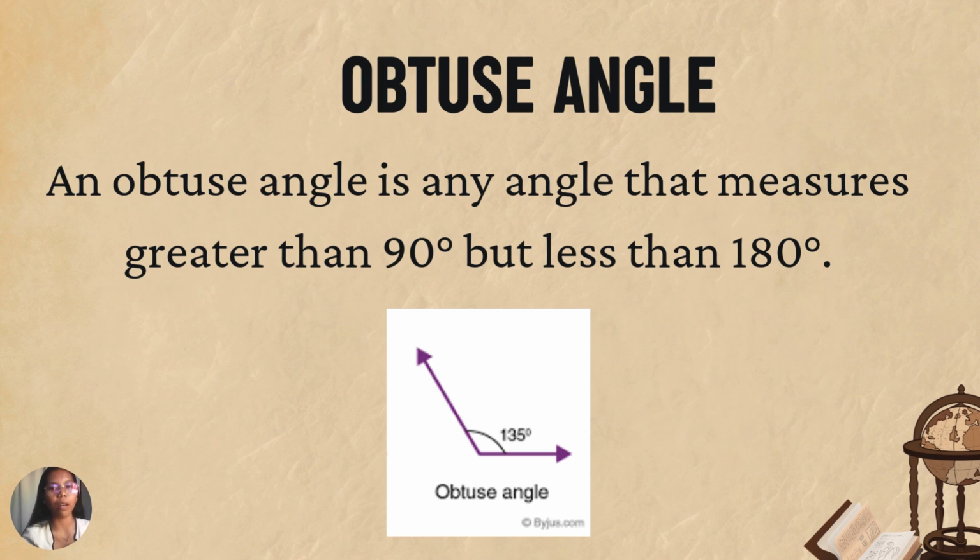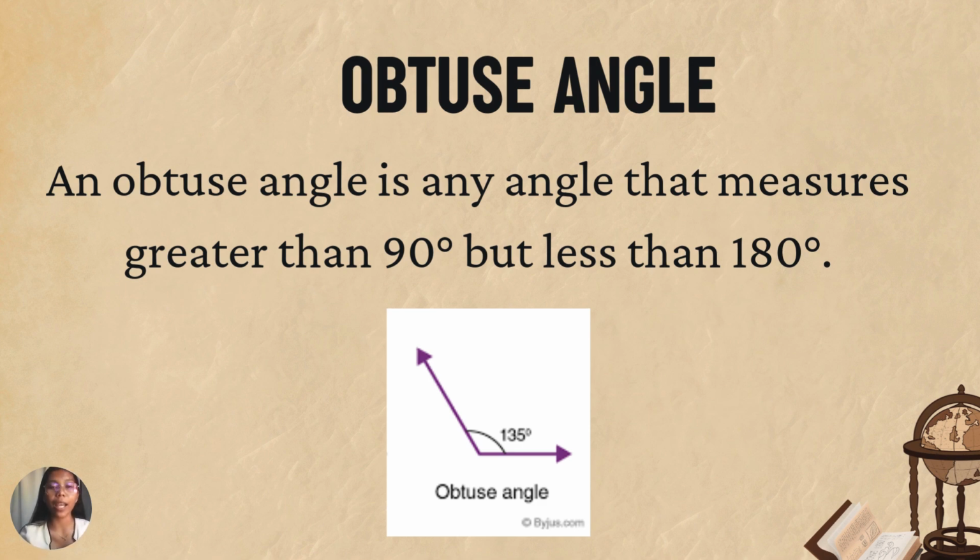Now let's move on to the obtuse angle. An obtuse angle is any angle that measures greater than 90 but less than 180 degrees. So when we say right angle, it is 90 degrees.